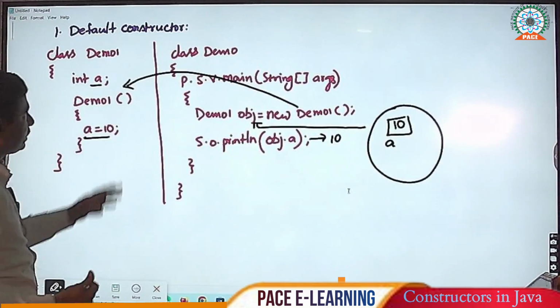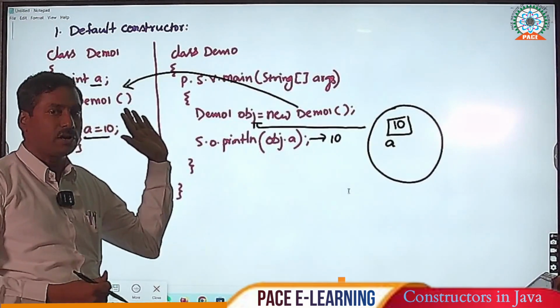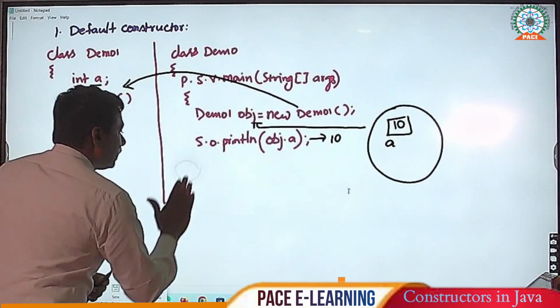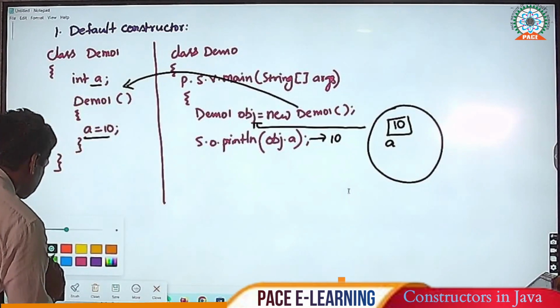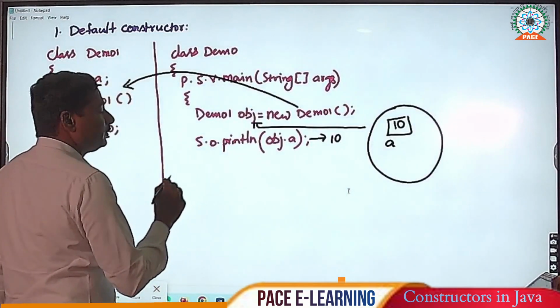Let me tell you the drawback of this default constructor, because without knowing the drawback of the default constructor, you are not able to understand the purpose of a parameterized constructor. I would like to extend my code a few more lines for better understanding of a parameterized constructor.